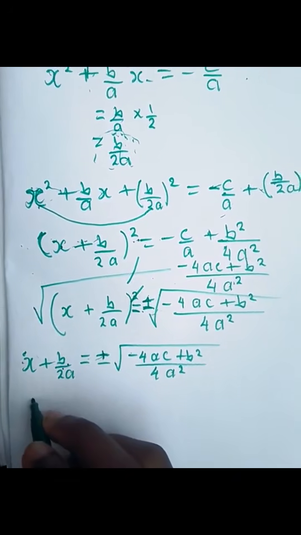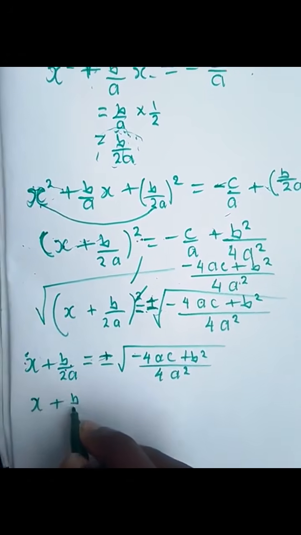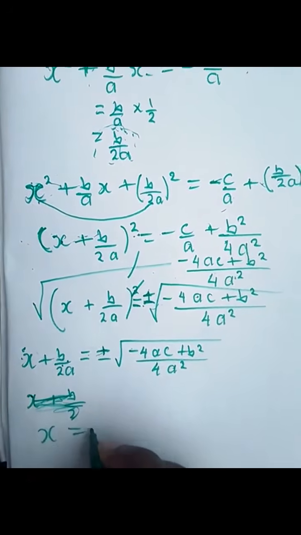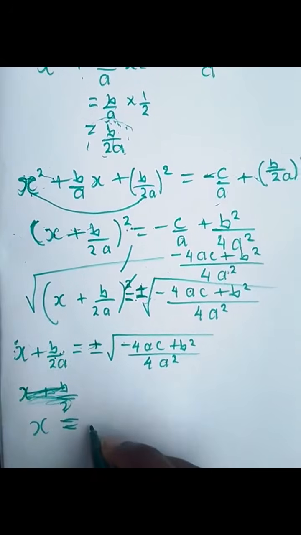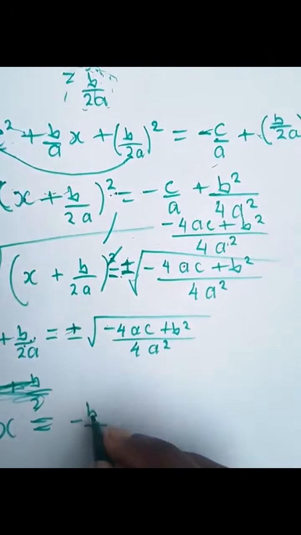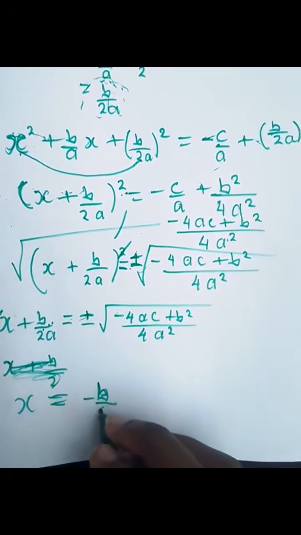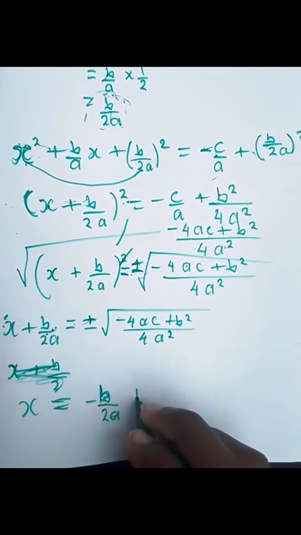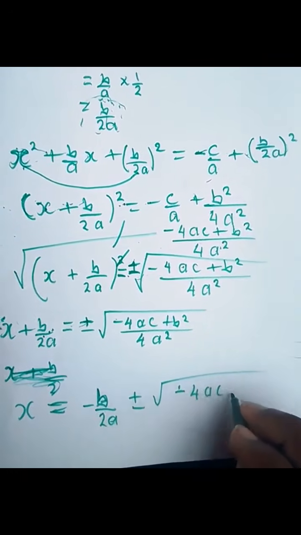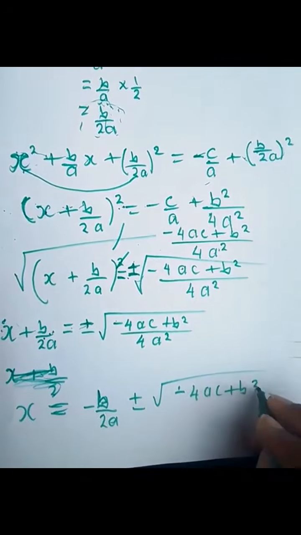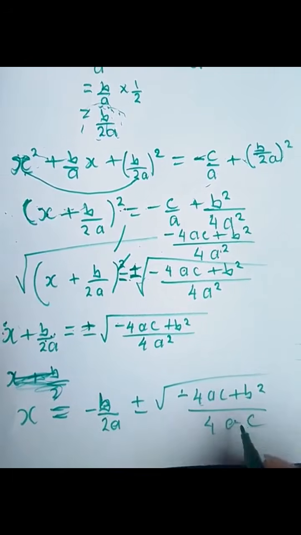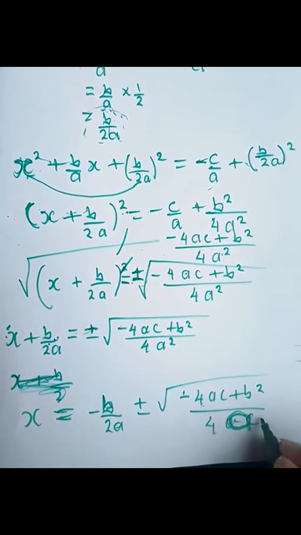So we have x is equal to, when we take this to the other side, it will be negative b over 2a plus or minus square root of negative 4ac plus b power 2 over 4a power 2. I mean, not 4ac, 4a power 2.